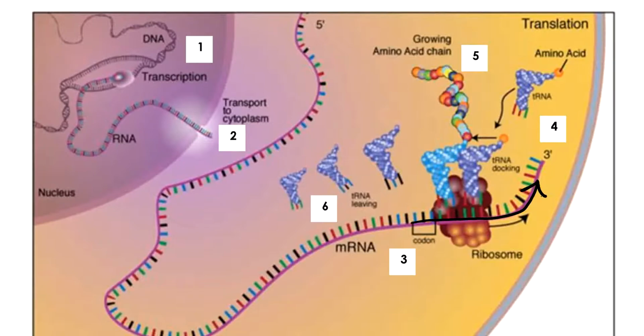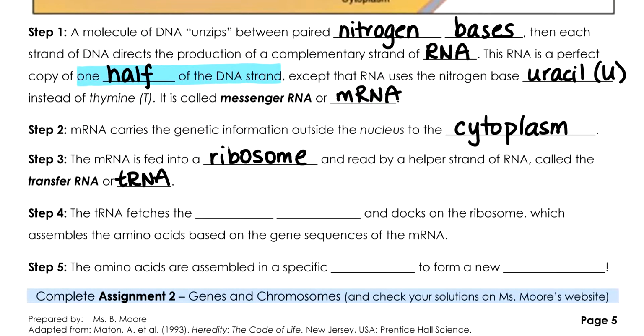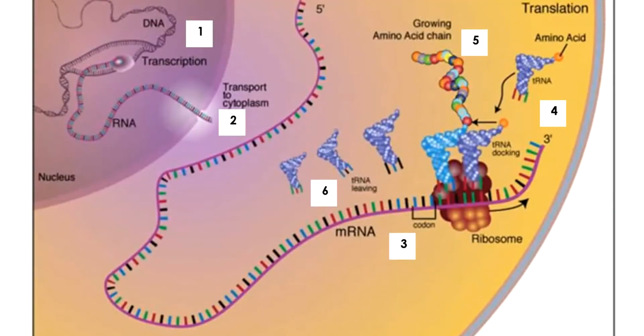As this is happening, the ribosome is reading the bases on the strand and telling the tRNA which amino acids it needs. The tRNA then fetches the required amino acids. When it has the correct one, it docks on the ribosome and assembles the amino acids based on the gene sequence being read off the mRNA.